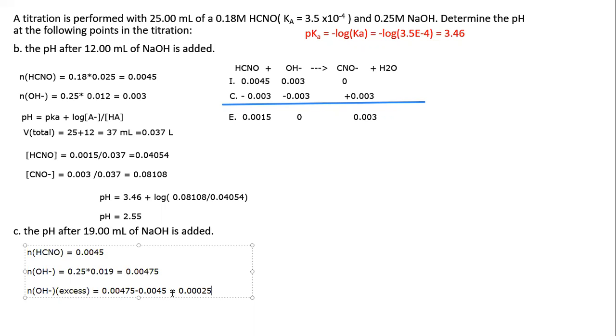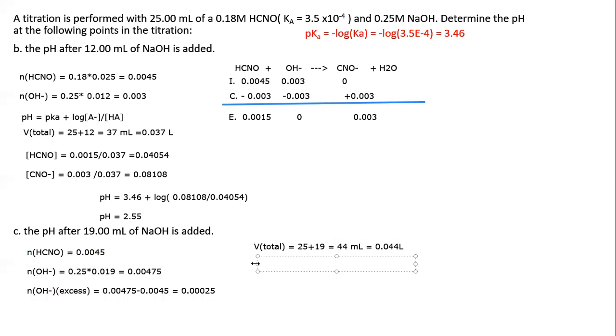So here's the moles of hydroxide that are left over, in excess. The total volume is going to be 25 plus 19, which equals 44. So that's the new volume of the solution.